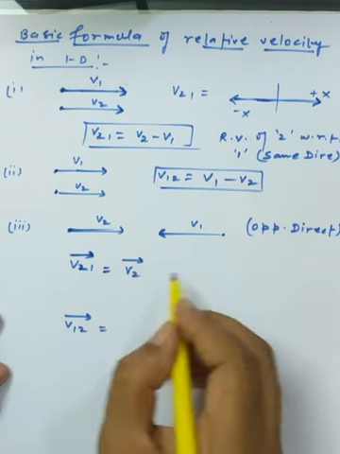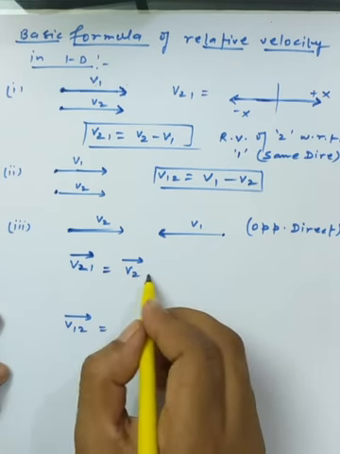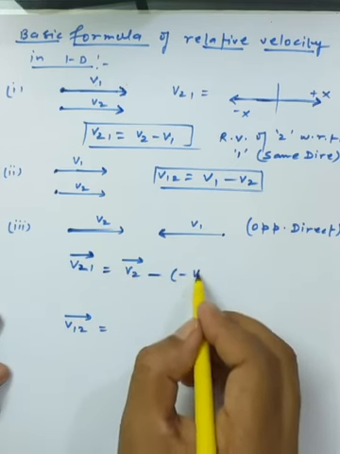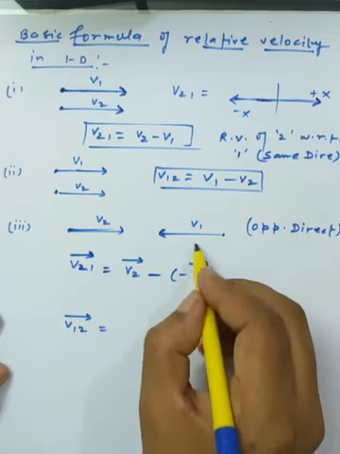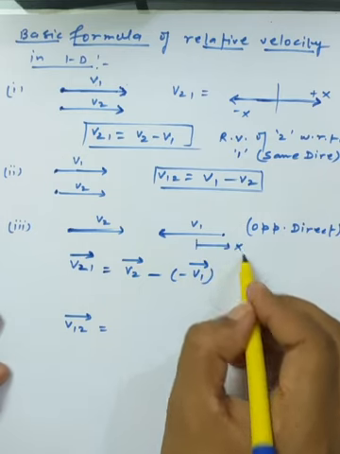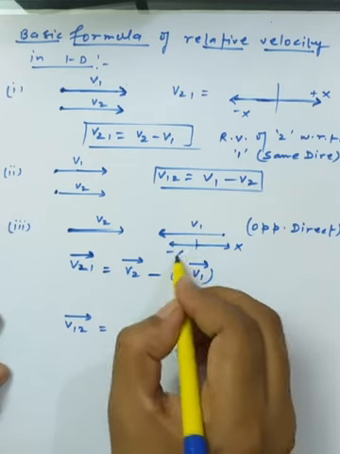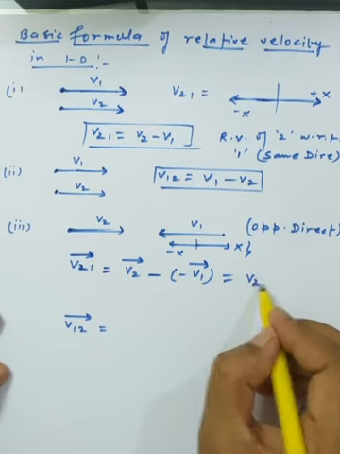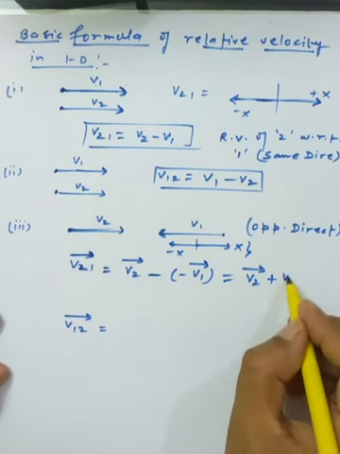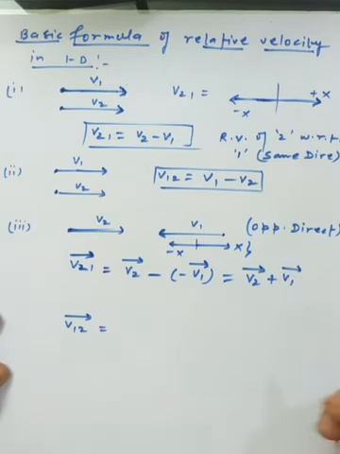On behalf of the vector, how can I write that? Minus of v1. Why am I taking the minus? Because v1 is moving along the direction of the minus x axis. So here I am using the basic concept, and finally I am getting the answer v2 plus v1, or you can write v1 plus v2.